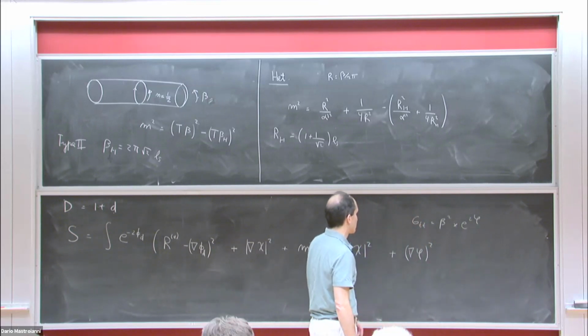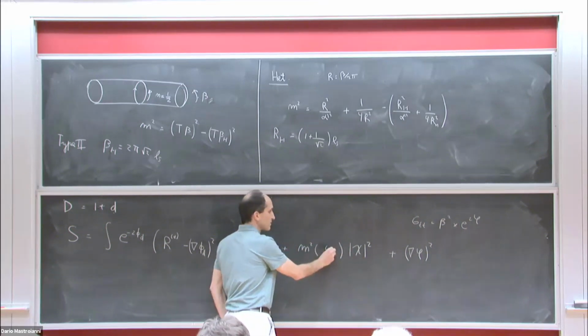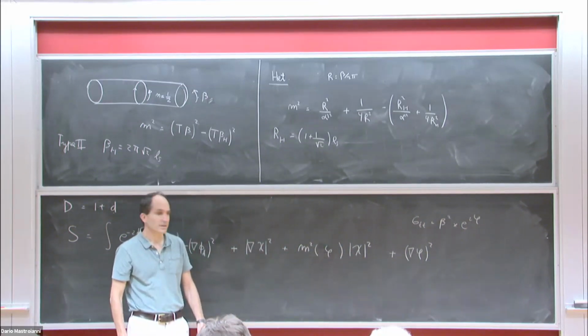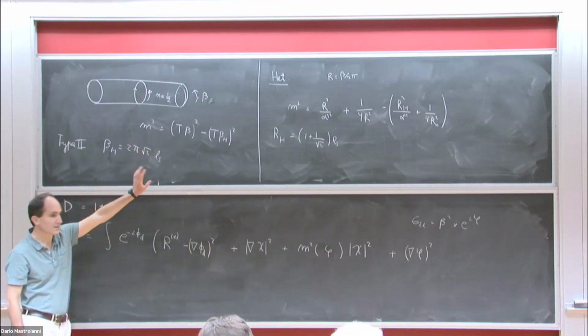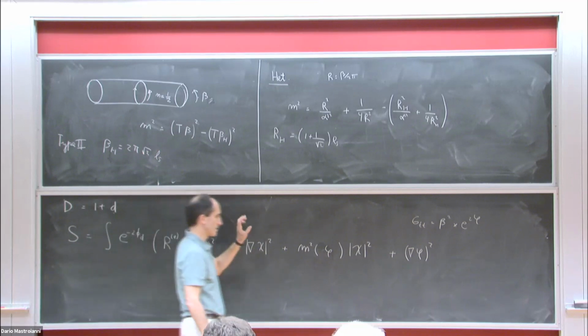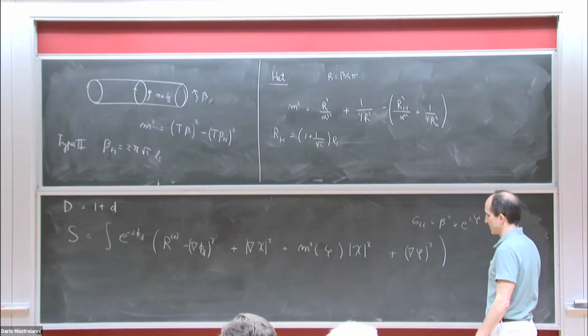So that's like the radius of this circle, and so this ends up being a function of this phi. It's the mode that deforms the radius of the circle. And so that's the action that we'll have.